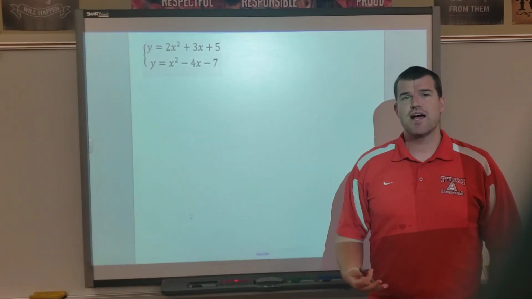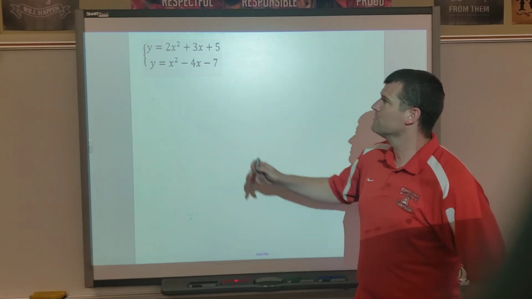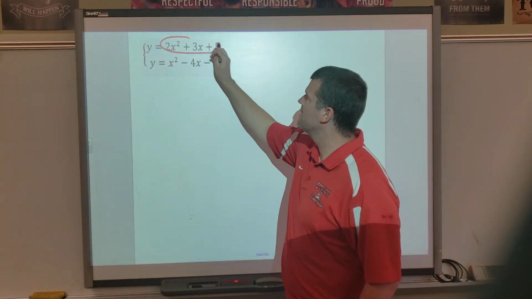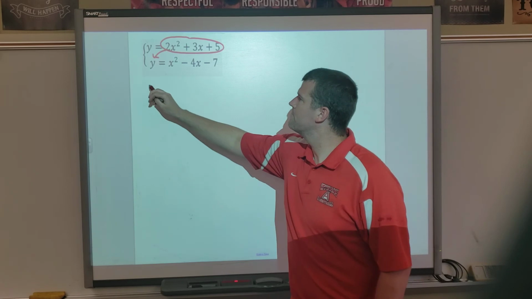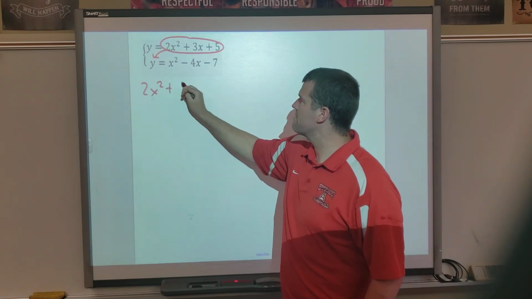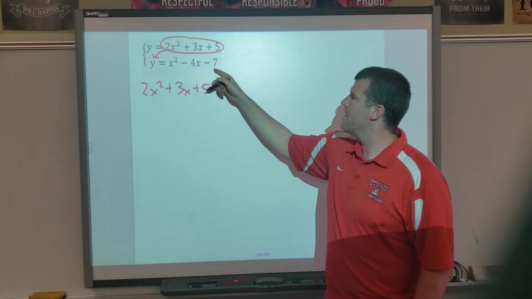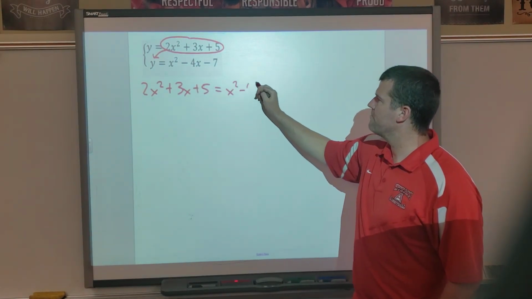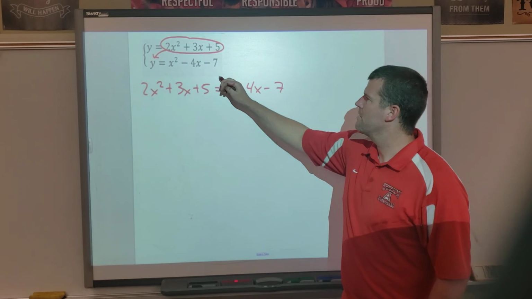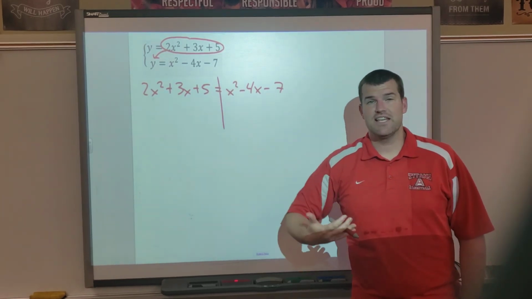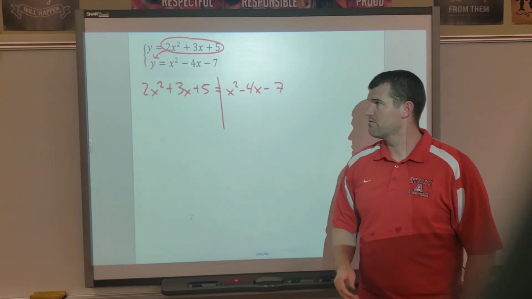Again, we have 2 quadratics. We're going to set them equal to each other, or substitute one into the other equation. 2x squared plus 3x plus 5 equals x squared minus 4x minus 7. What do I need one side to equal? I need it to equal 0.